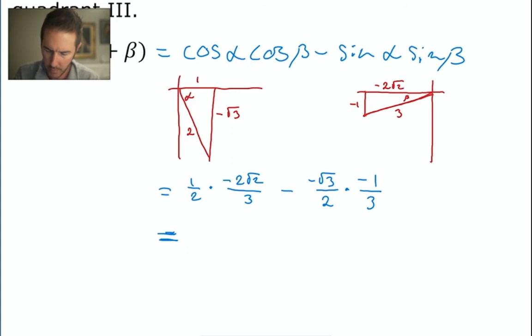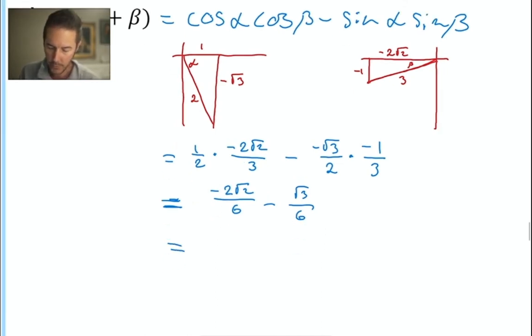Let's start over then. We've got -2√2 over 6. And then I've got a triple negative, minus a negative times a negative, which is really like minusing a positive, which is really like subtraction. Minus square root of 3 over 6.